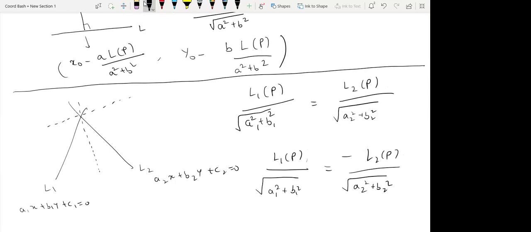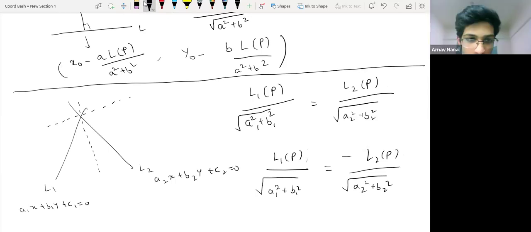These are the angle bisectors. One of these is internal, one of these is external. Unfortunately, you don't have a very good way of identifying which is which. You just substitute some point. If you take any point in this region, you substitute it in one of these equations and get the corresponding formula by the sign.